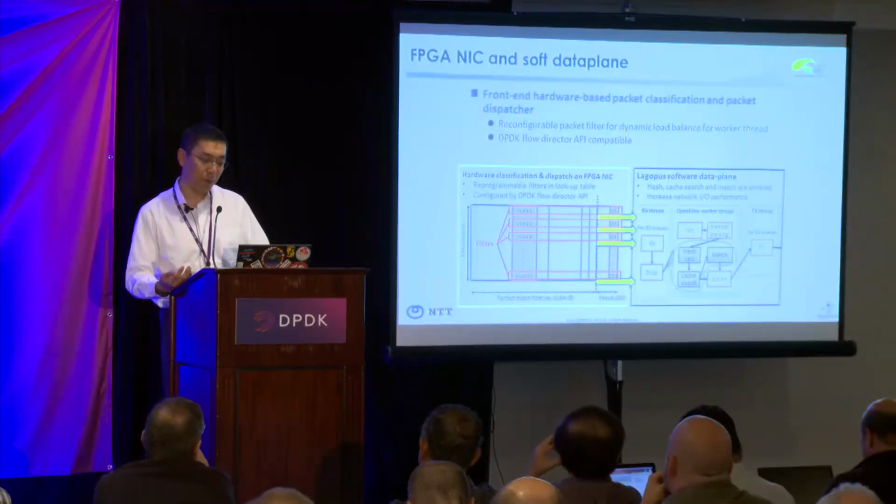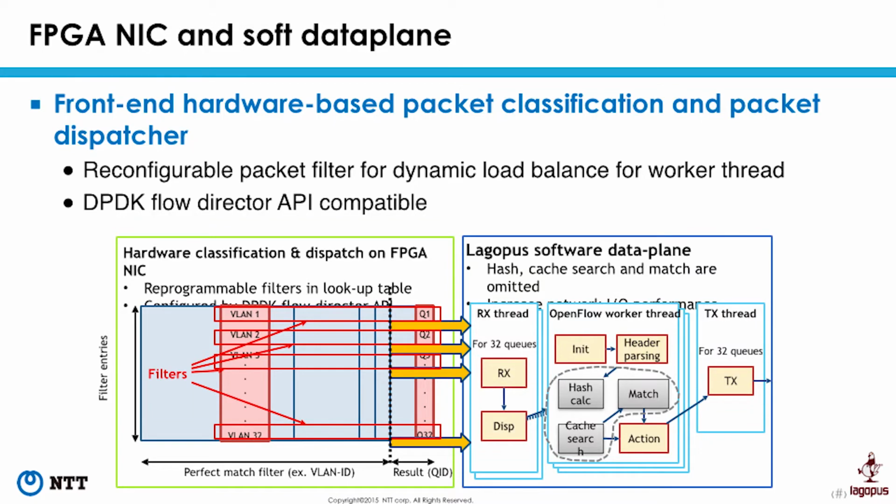That allows a very simple compaction of the flow lookup in the software data planes. And also we extend our FPGA NIC to be DPDK Flow Director API compatible, which allows easy porting to other systems.